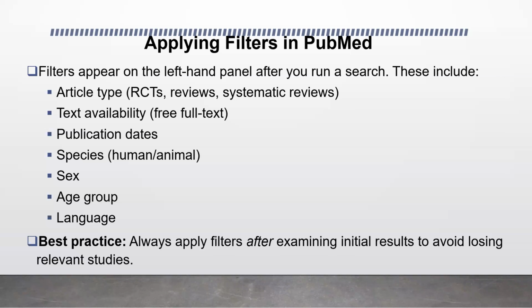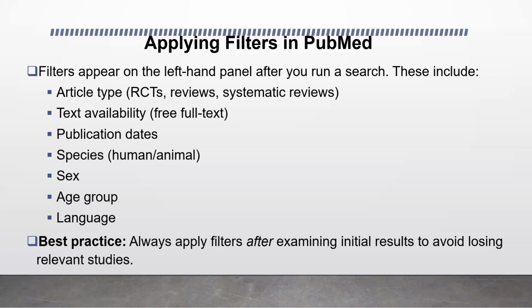And then you can filter by text availability. You can opt for free full text, or you can opt for abstract, but normally people are interested in full text rather than the abstract.